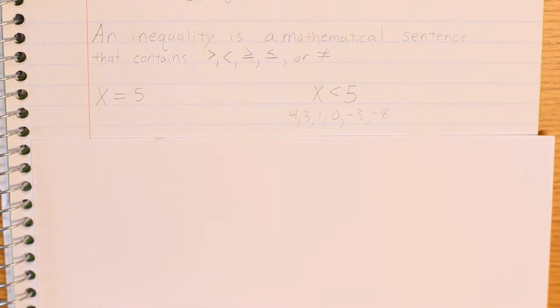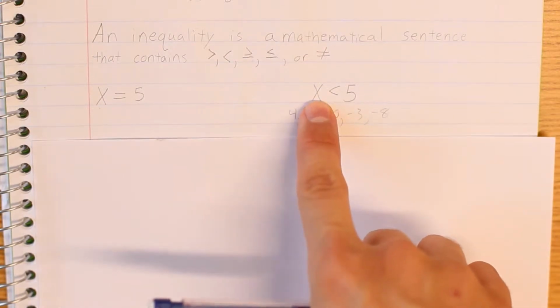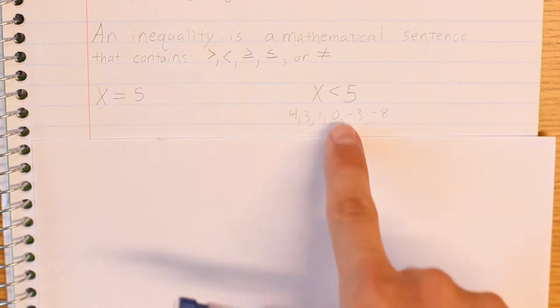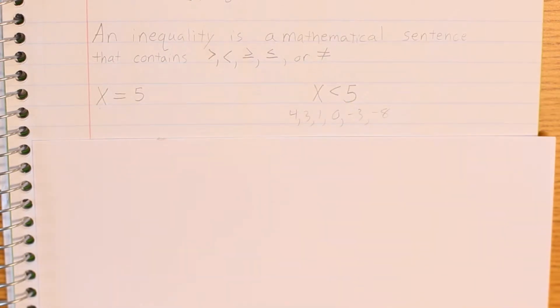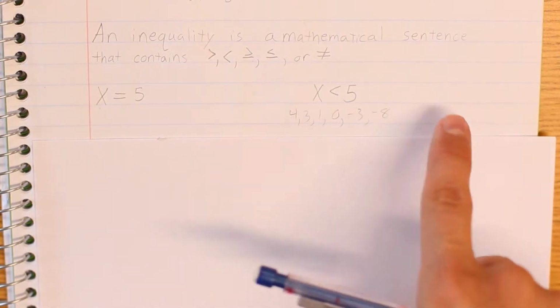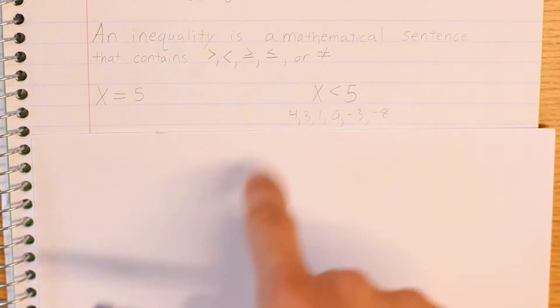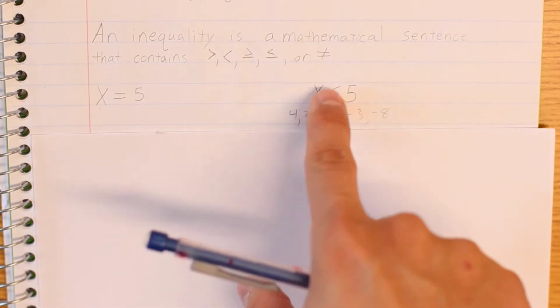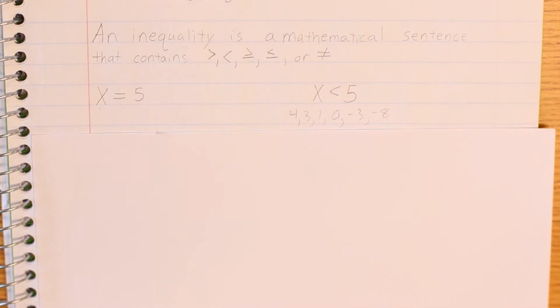The whole idea is finding out if I could replace this x with one of these numbers that makes this sentence up here true, okay? These are all numbers I could replace the x with and that sentence would still be true. Think about it. 4 is less than 5. 0 is less than 5. Negative 3 is less than 5. That's how that works, okay?